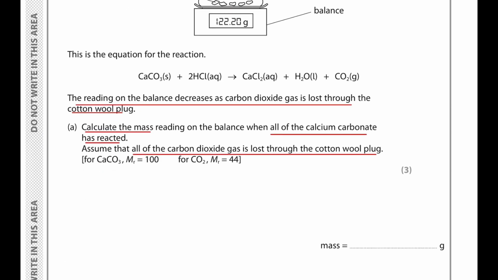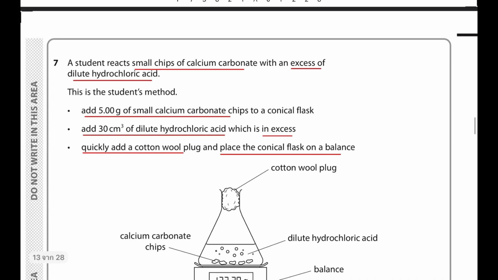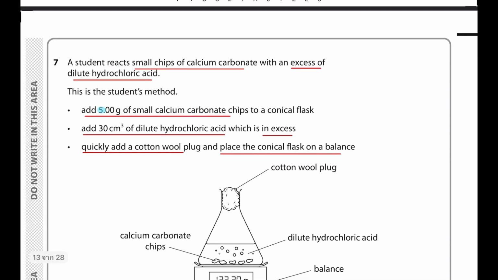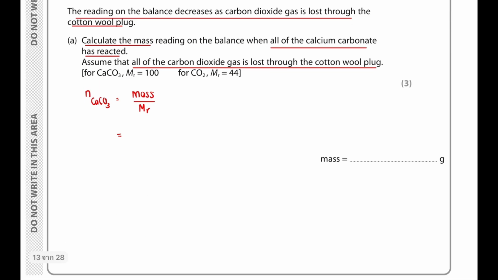Mole of calcium carbonate equals mass divided by Mr. The mass of calcium carbonate is 5 grams, so I will put 5 divided by Mr, which is 100. So it is equal to 0.05 mole.